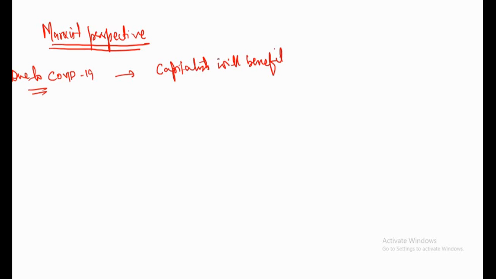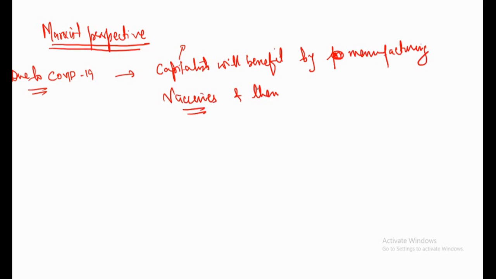Here you can say the capitalists are big pharma, by manufacturing vaccines and then selling them at a price of their choice.